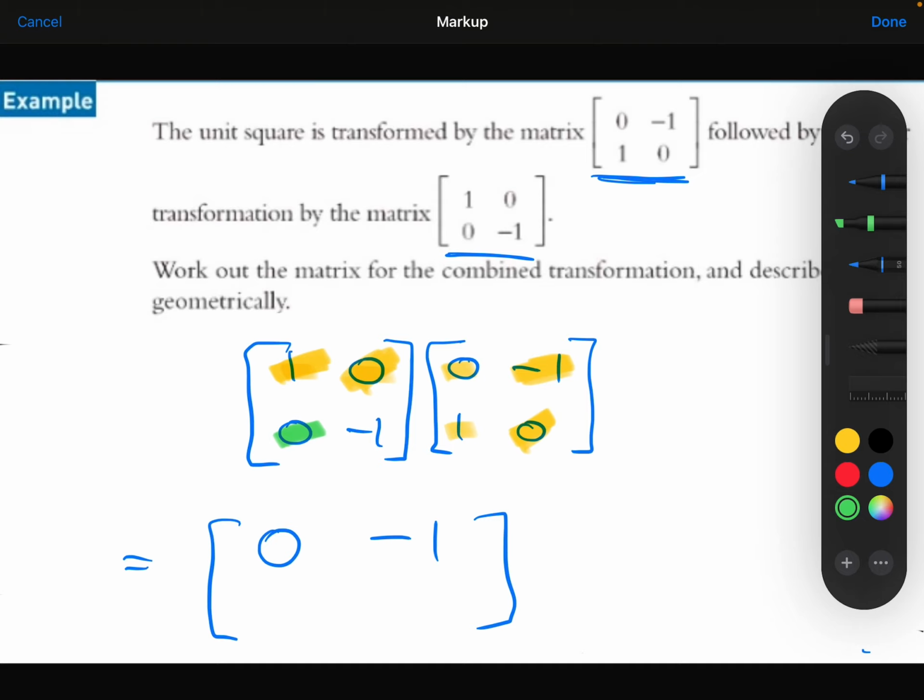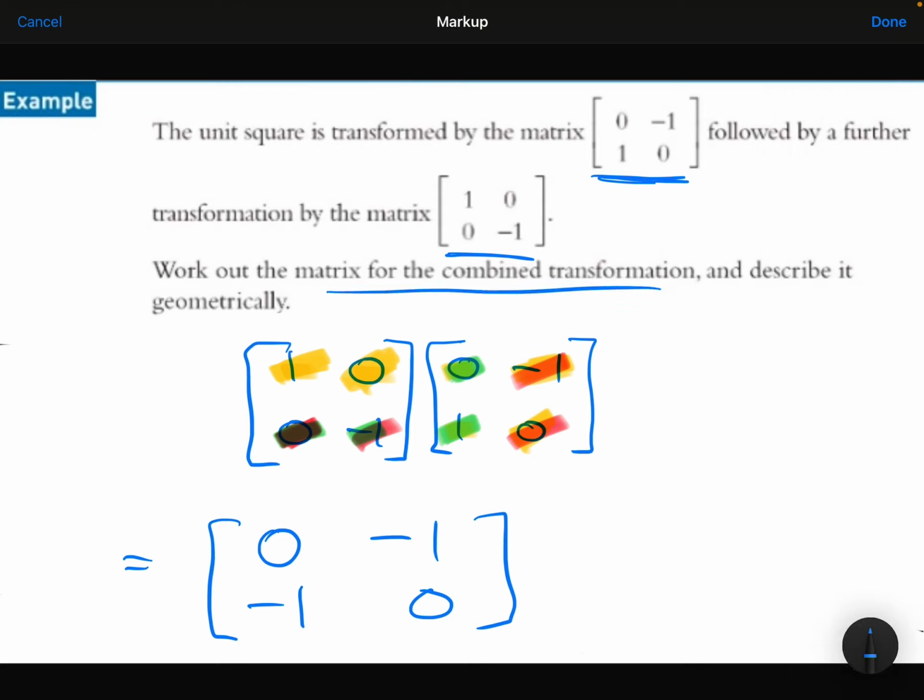Next we've got 0 times 0 plus minus 1 times 1. And then finally we have got 0 times minus 1 plus minus 1 times 0. So that's just going to be 0. So this is the matrix for the combined transformation.